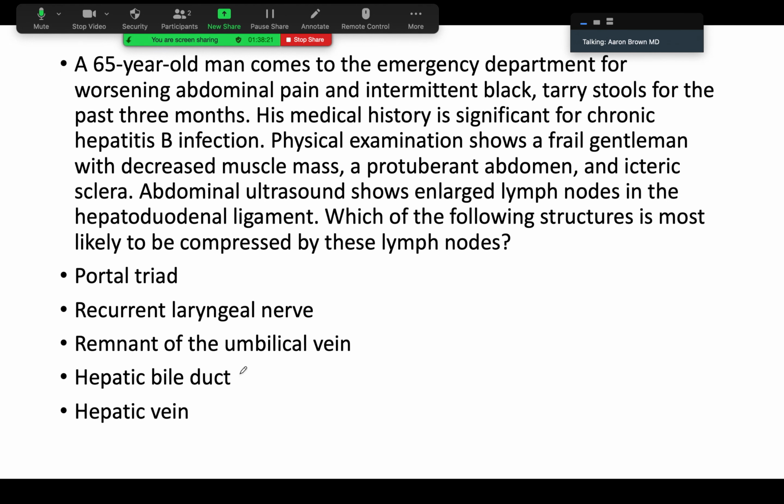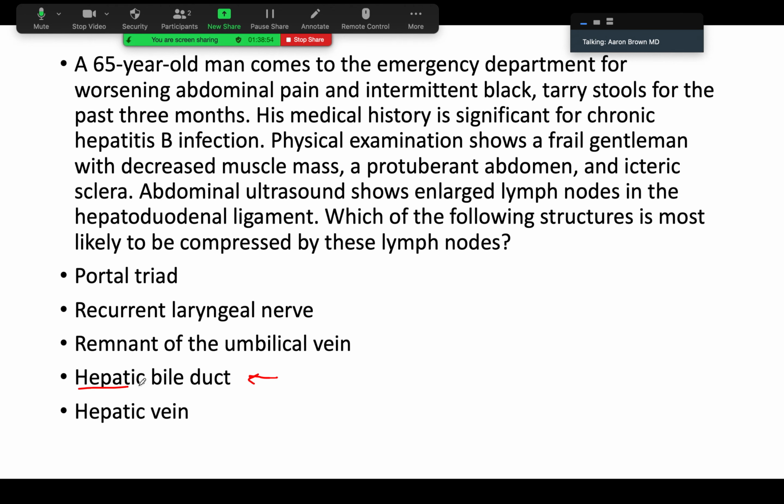Not the hepatic bile duct? Portal triad is the best answer.